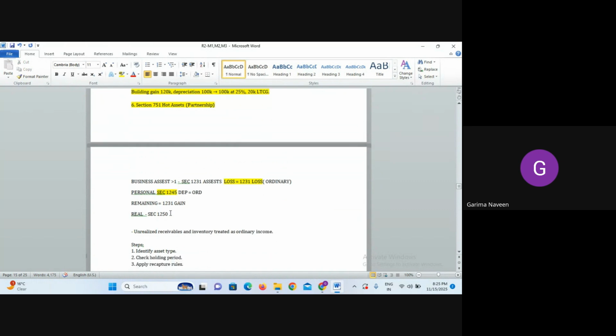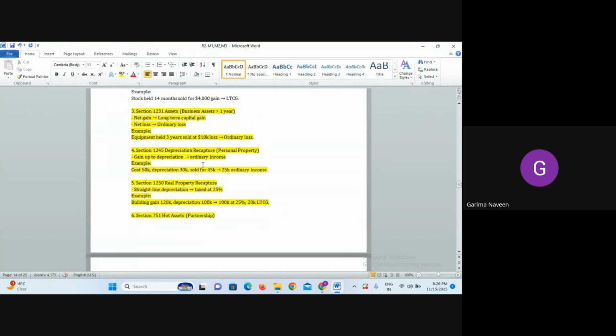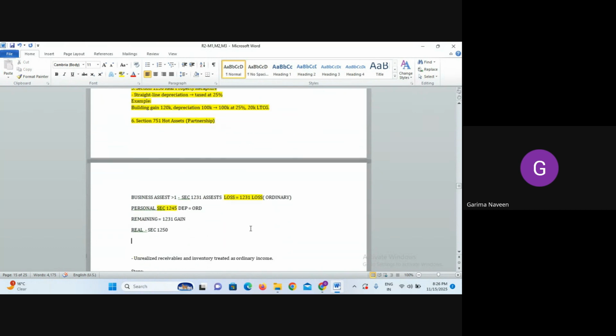Whereas if we talk about real property, then it is treated differently, depending on whether you are a C corporation or a flow through entity.